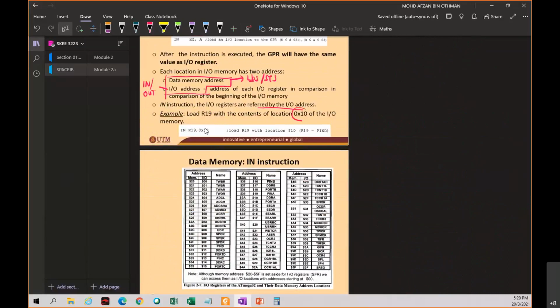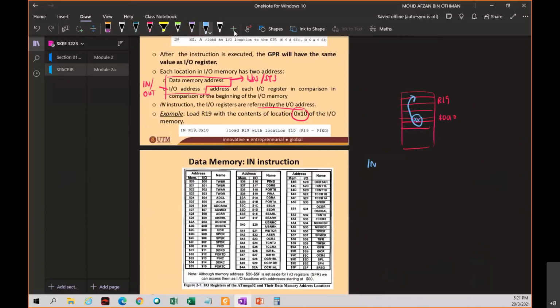Okay, kamu nak load value daripada ni. So contoh, this is R19 and this is the address of 0x10 dalam IO. Kamu nak load value daripada sini masuk ke dalam R19. How to do that?